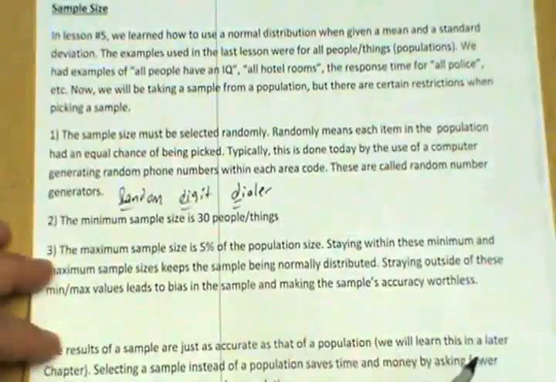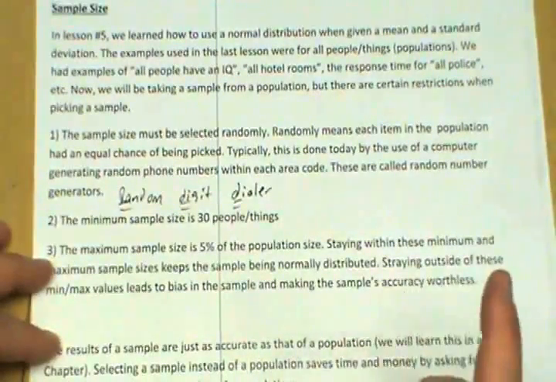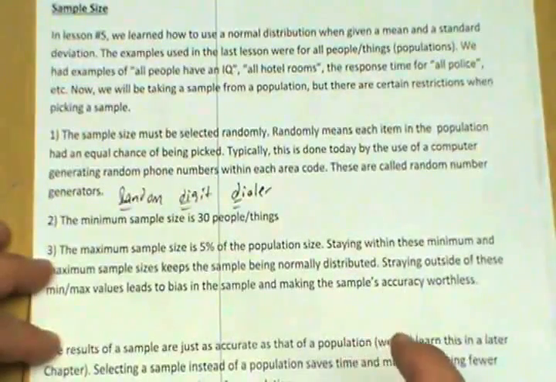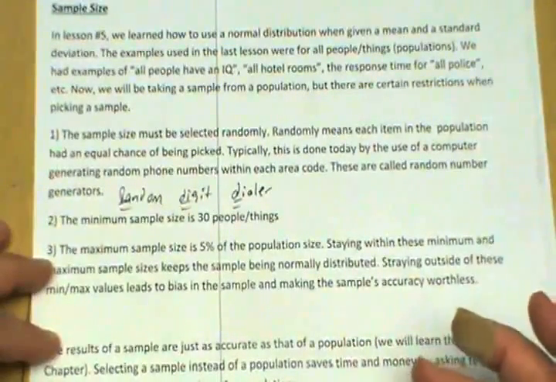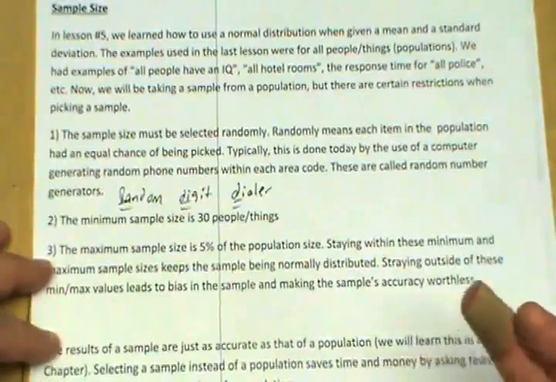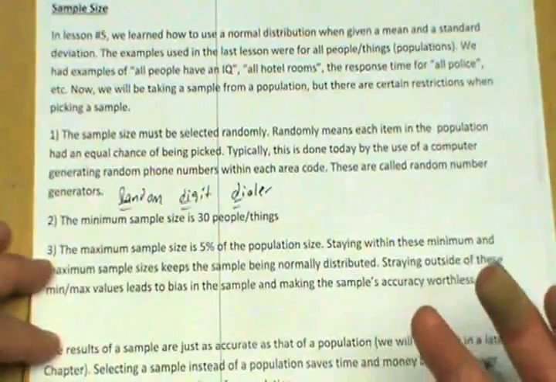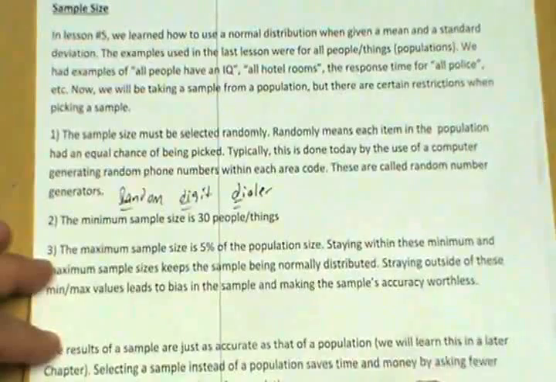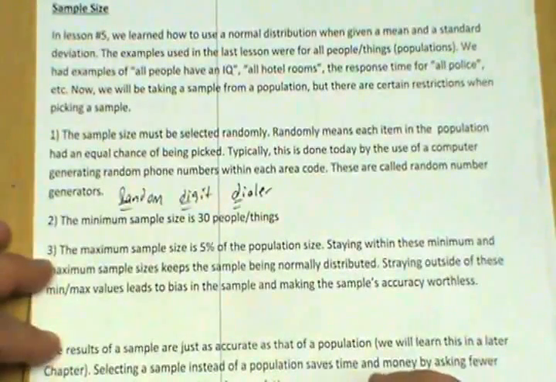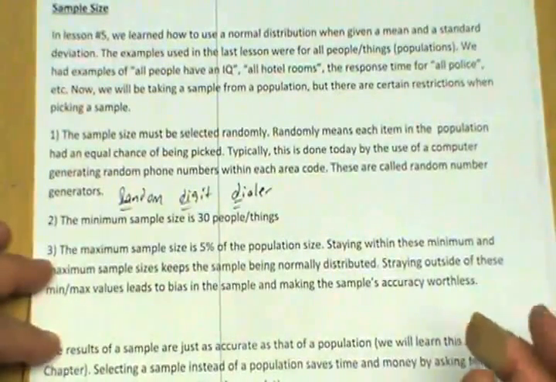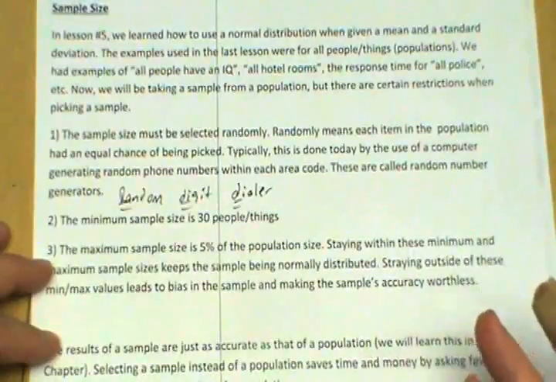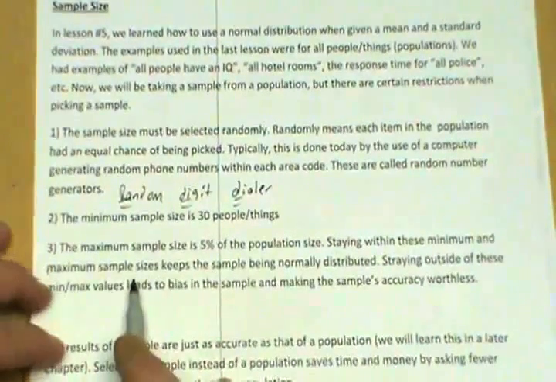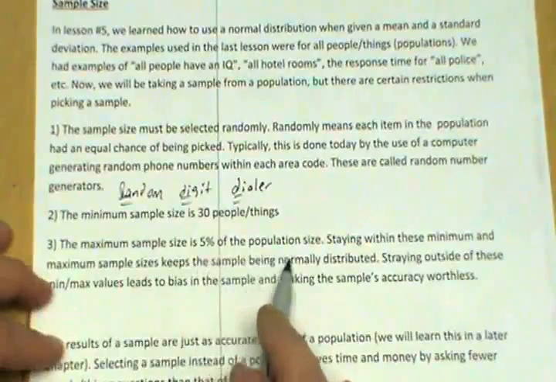Very important now, the minimum sample size is 30. You can have more, but the minimum is 30. So if another teacher in another class is asking you to do a research project and they say, we'd like you to go out and sample some people and get what their feelings are about something, the minimum you're going to sample is 30. Of course, more is better because you get more information, but the minimum should be 30. The maximum sample size is 5% of the population size.